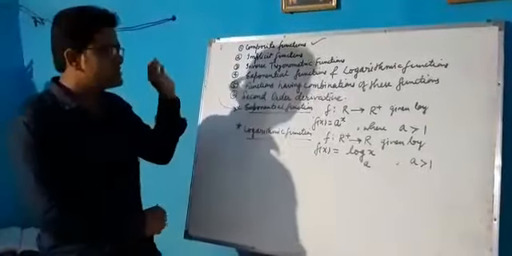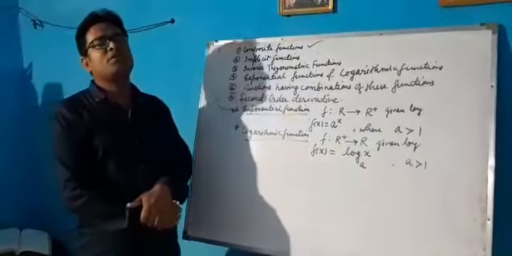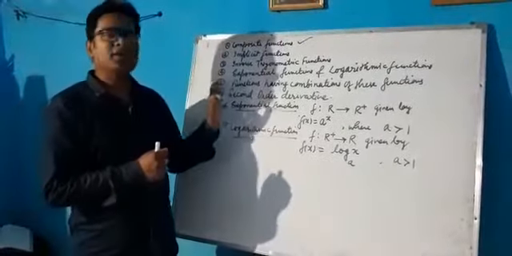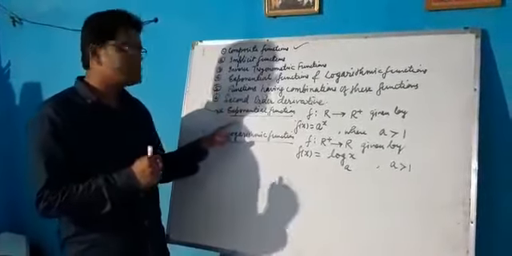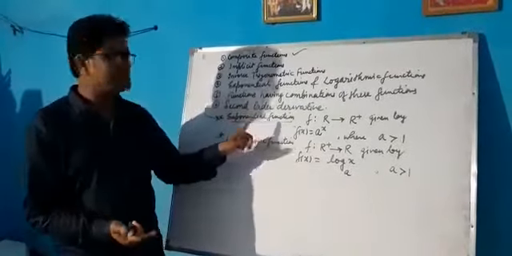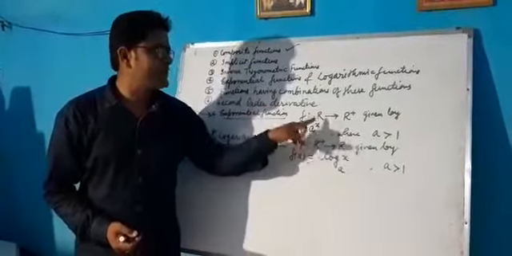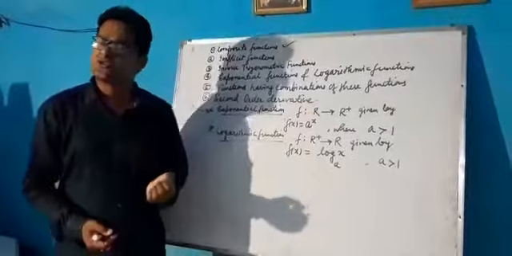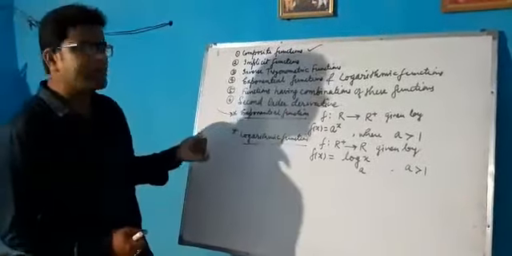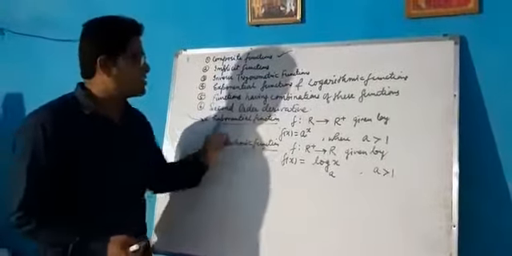In the same way, small e, Euler's number, has a value between 2 and 3. Whenever we use the base e, it is known as a natural exponential function and natural logarithmic function. If the base is 10, it is known as a common exponential function and common logarithmic function.